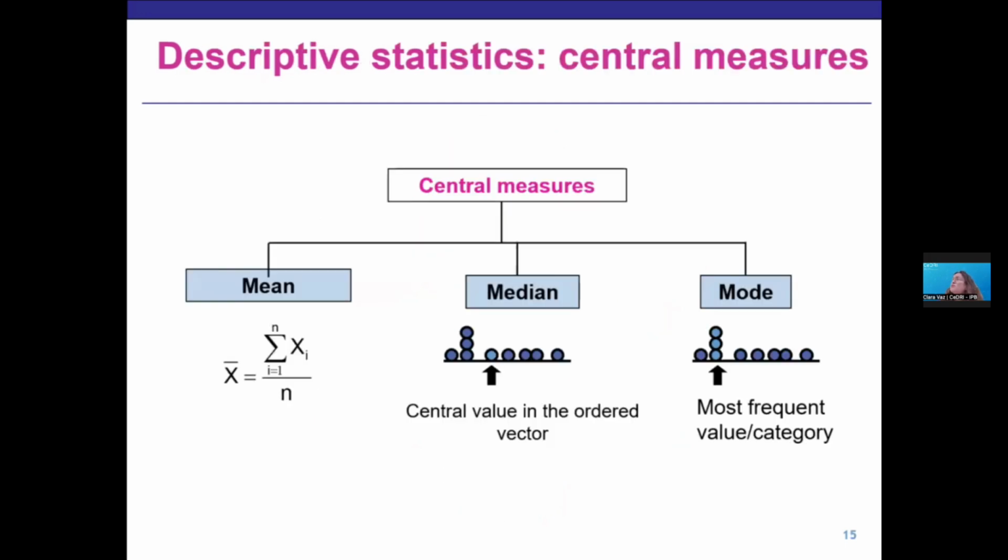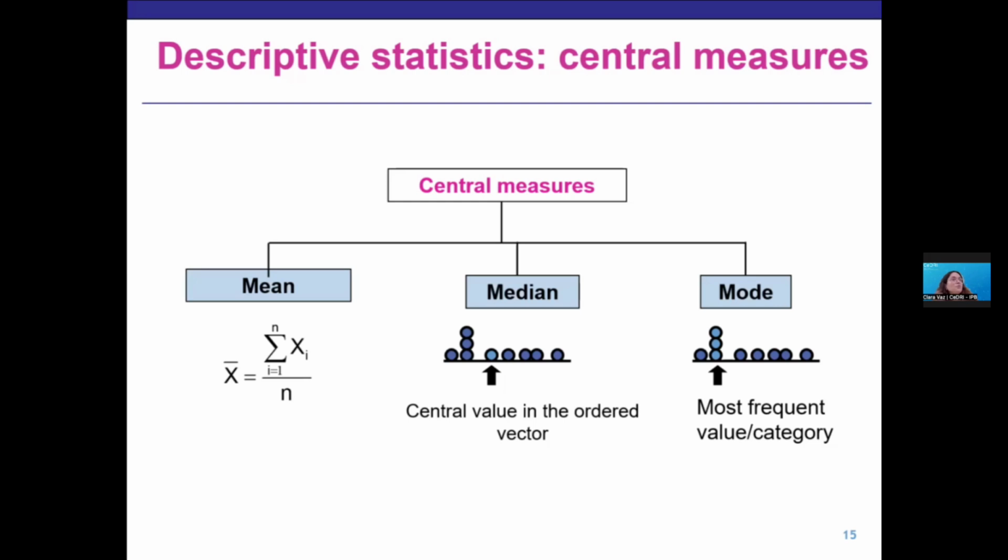In terms of descriptive statistics, we can adopt different kinds of measures, like central measures and dispersion measures. These central and dispersion measures are more common, but the choice of central measure also depends on the distribution of the variables.